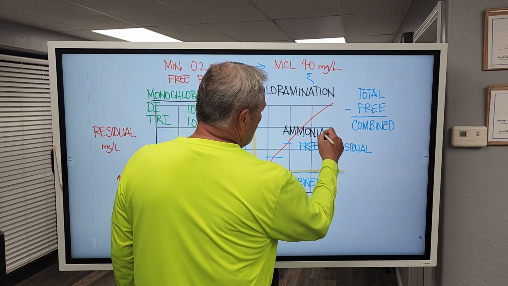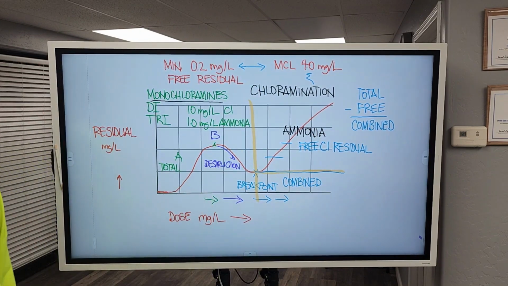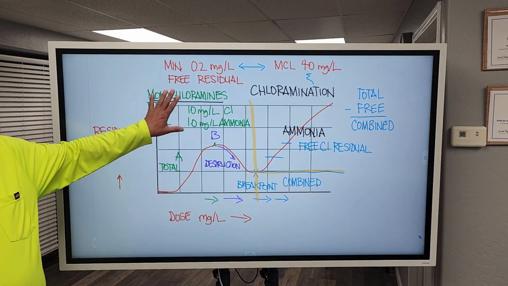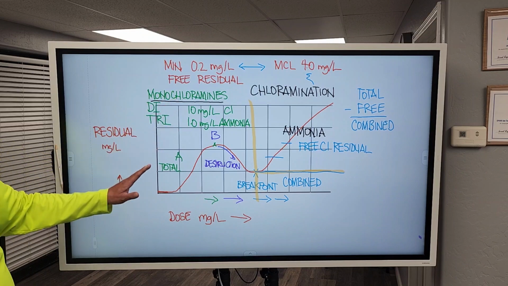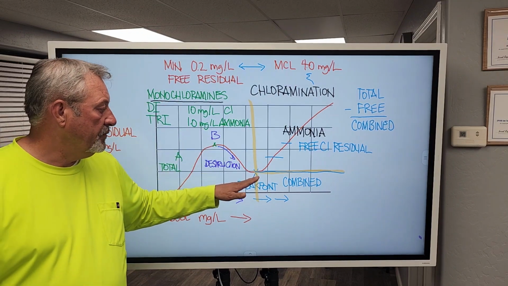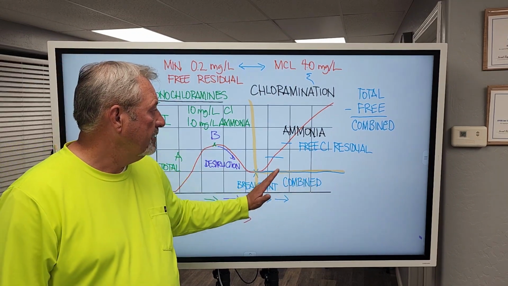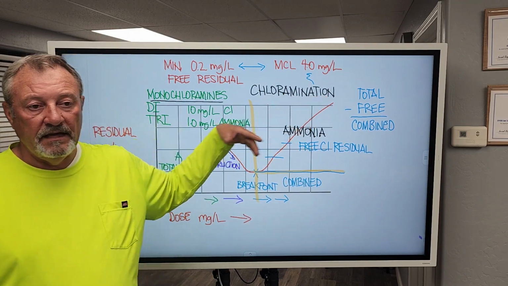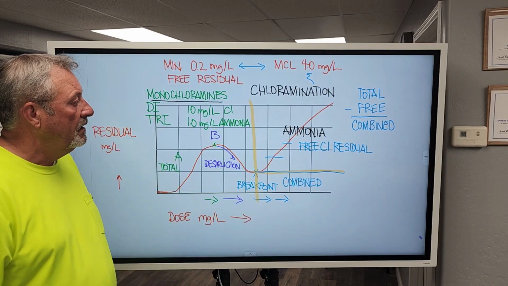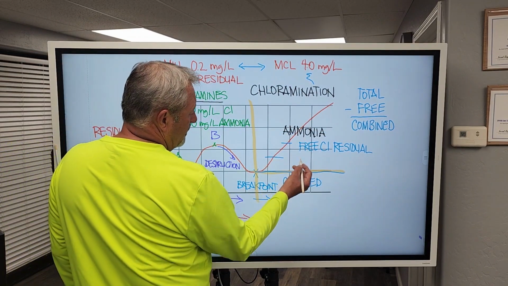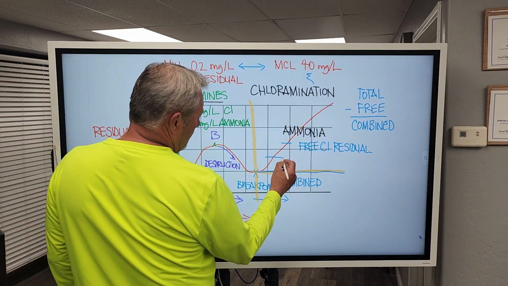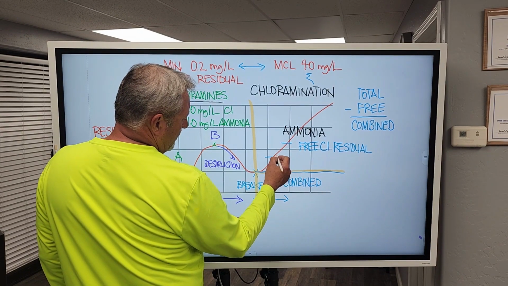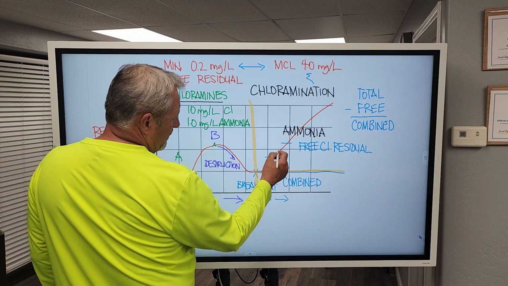And then in a system that's chloraminating, at this point, they're going to start injecting ammonia into the water. Now remember, over here we had ammonia and we formed these chloramines, and then we destroyed them, achieved breakpoint. There's still some chloramines left, and now we have a free chlorine residual. But when you're chloraminating, you add ammonia, and you're going past the breakpoint, right?